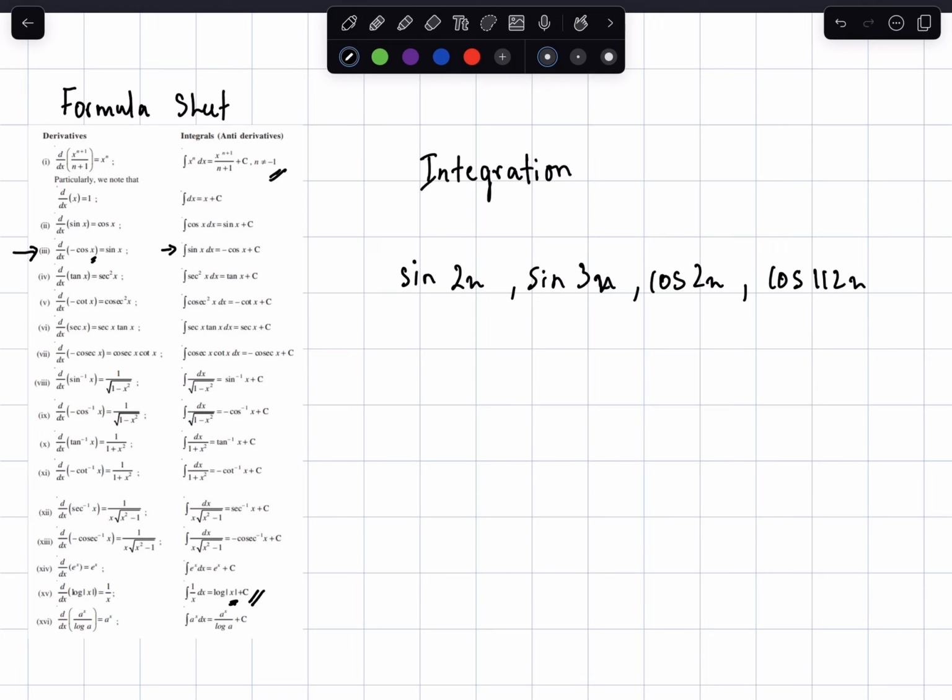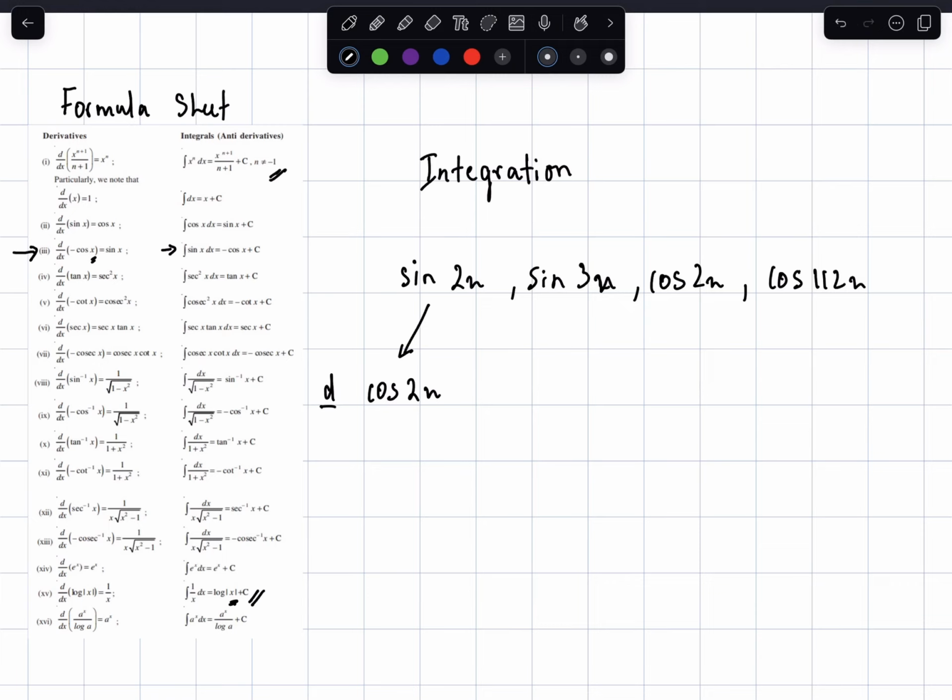Even if you integrate a sine, you get a cosine, and if you integrate a cosine, you get a sine. So the first thing you do, if it is sine 2x, is take the cosine of it, cosine 2x, and just differentiate it.